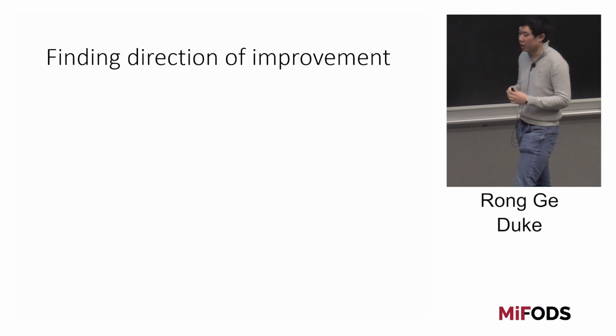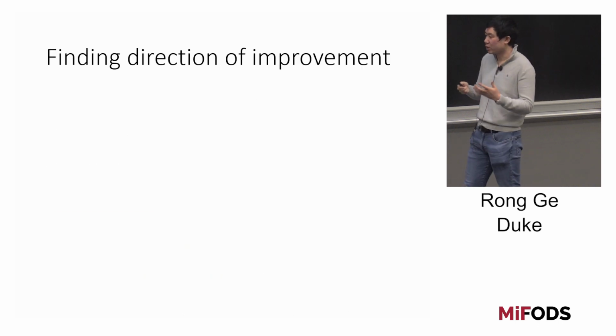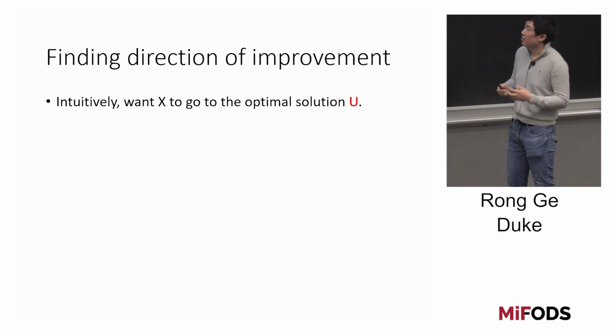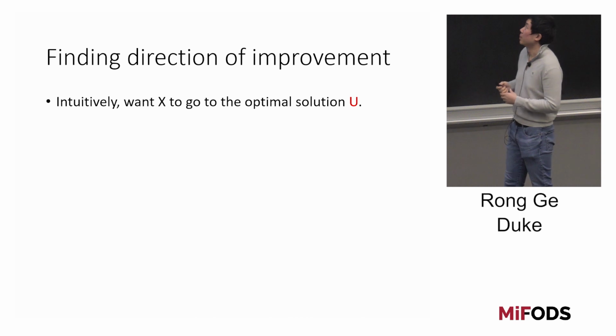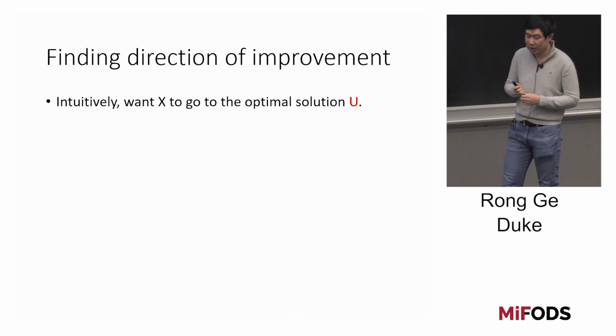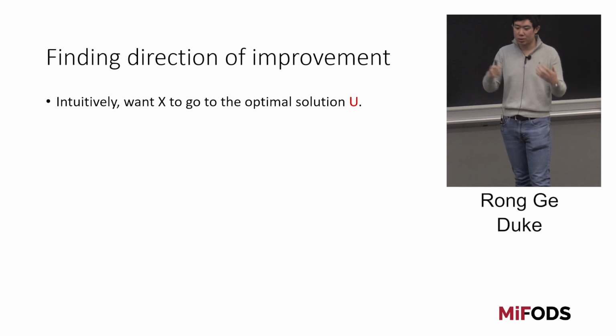So let's look at an alternative approach where we try to find a direction of improvement. So intuitively, suppose I have a matrix X, and it is not at the global optimum. I want to find a direction of improvement for this X. Well, intuitively, I should just go from X to the global optimal solution U, right?